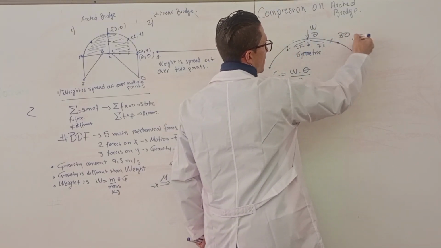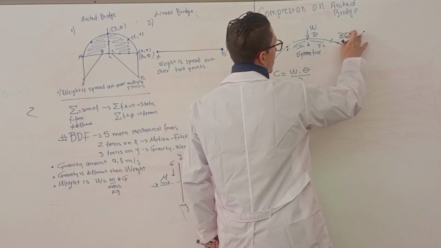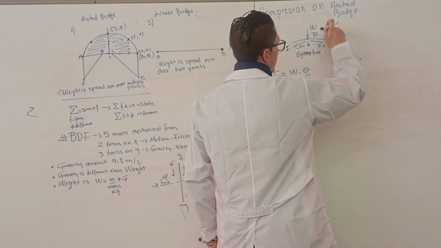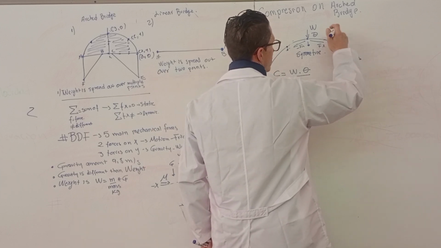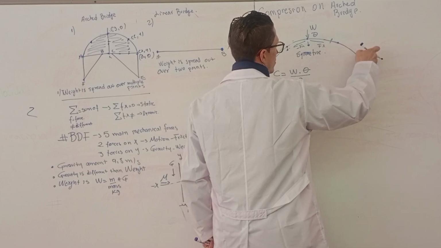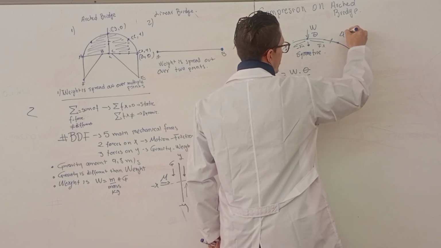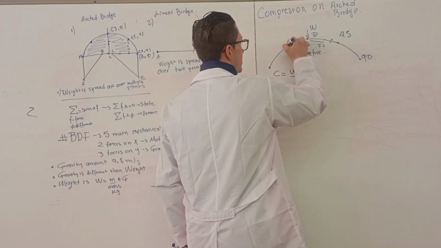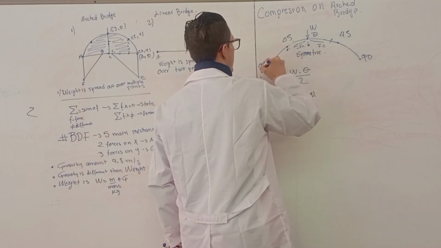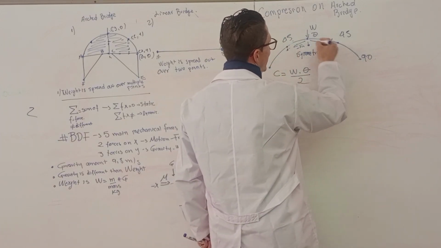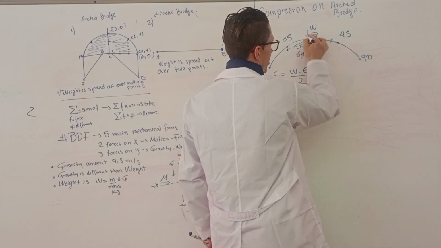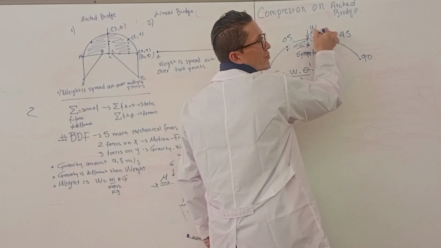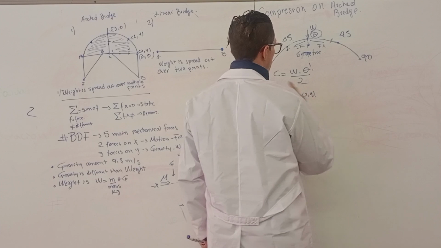Here the angle can be 30, 40, up to 90, for instance, okay? Here is the same. In that case, the angle is 0 here, right? Cosine of 0 is 1, right?